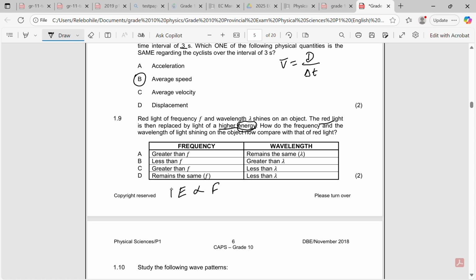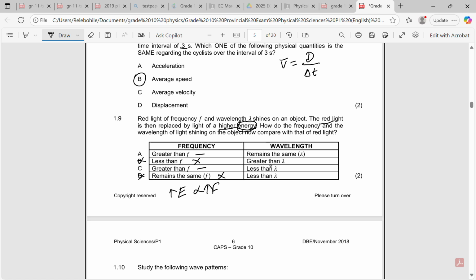So if I have an increasing energy, I should also have an increasing frequency. So the options I'm going to look at are option A, because it tells me that I'm going to have a greater frequency, and I will also look at C to see which one of the two is going to be my option. B and D are not going to be my options, so they are out.